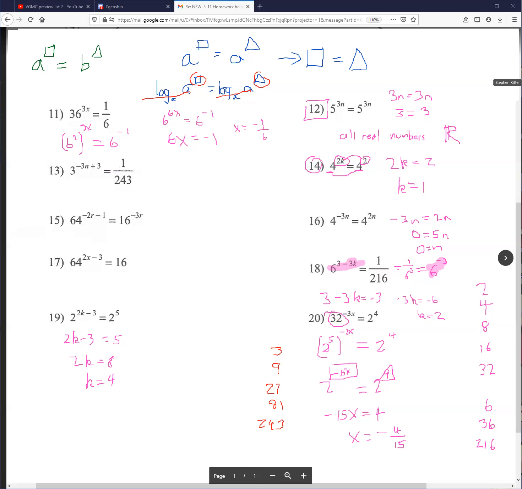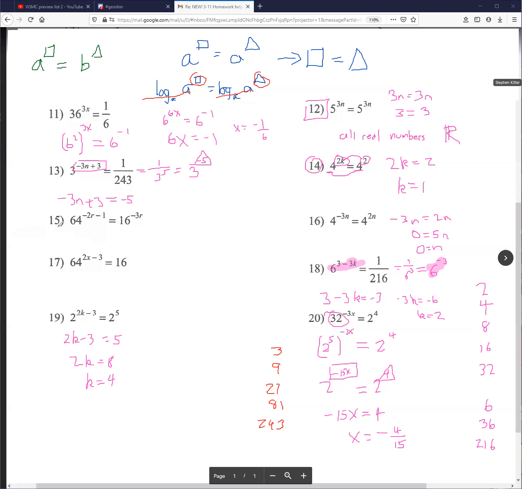All right, so this right here is 1 over 3 to the fifth, or in other words, 3 to the negative fifth. So now square equals triangle. Negative 3n plus 3 equals negative 5, and from there you can solve it and do all your usual Algebra 1 stuff that shouldn't hopefully be too hard at this point.